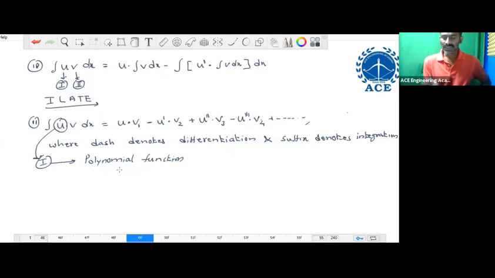That is why, to apply this generalized integration by parts formula, the first function should be a polynomial function. Suppose u is x cube, a third order polynomial. Here x cube, the same function; the first derivative 3x square; the second derivative; the third derivative. In the next term, the derivative of a constant is 0, so this process will stop at the fourth term: 1, 2, 3, 4. That's it. To apply this result, the first function u must be a polynomial function.